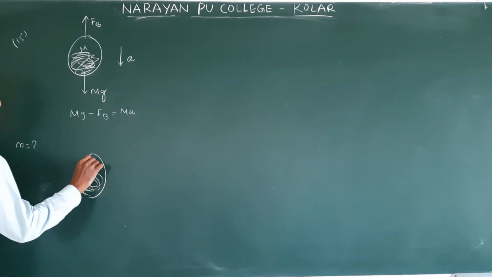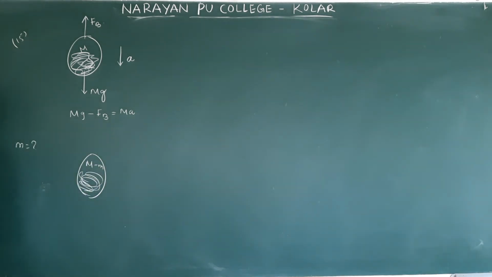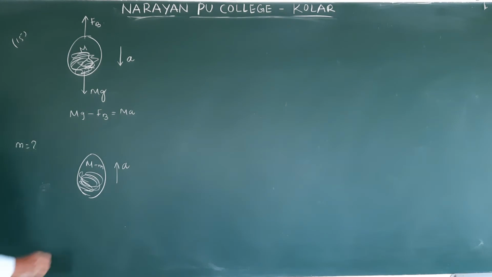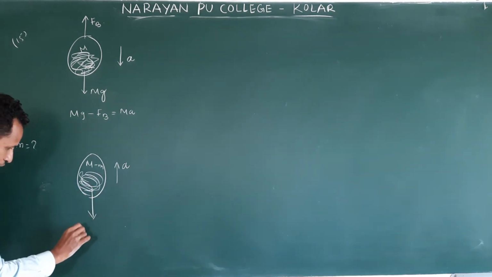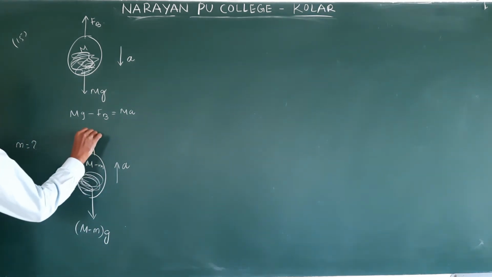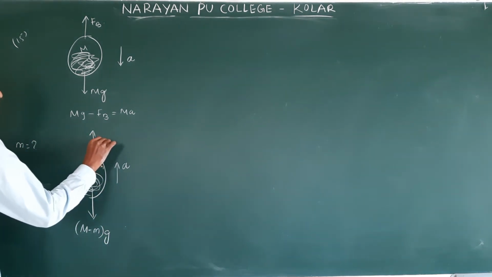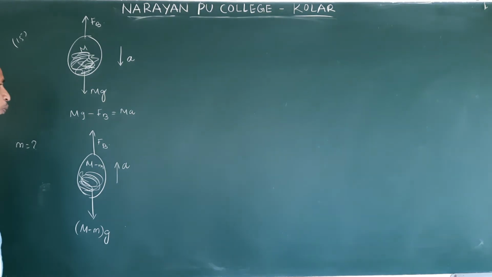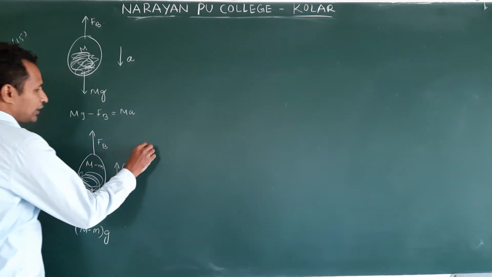That is capital M minus small m. Then it goes up. The remaining mass M minus m, that weight acts downwards. F B acts upwards, and it accelerates up. Clear?